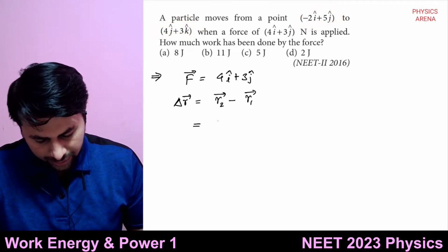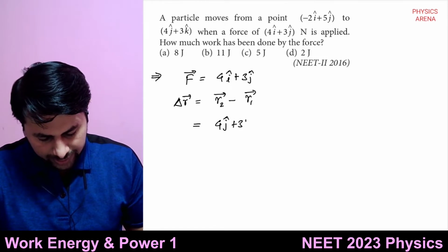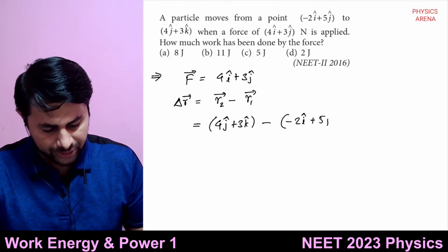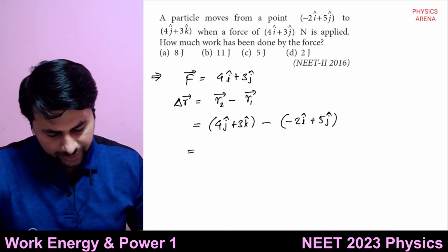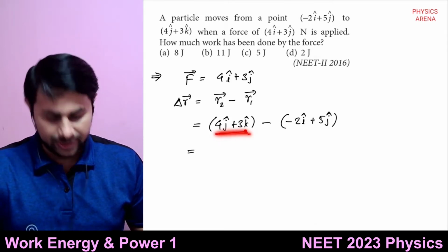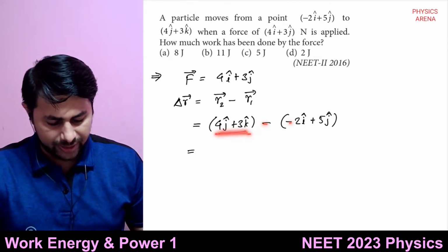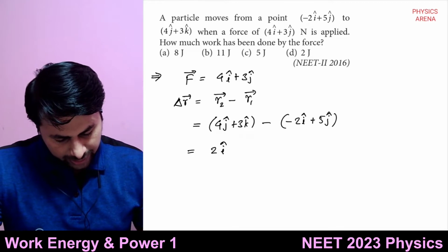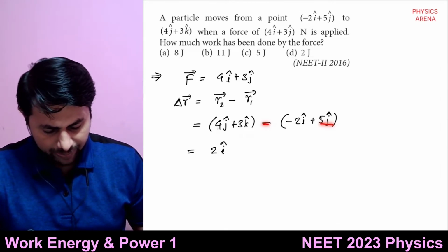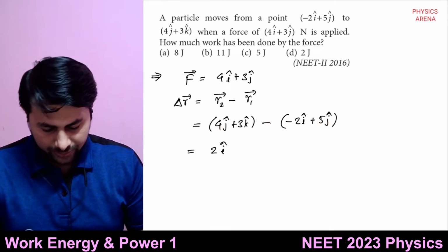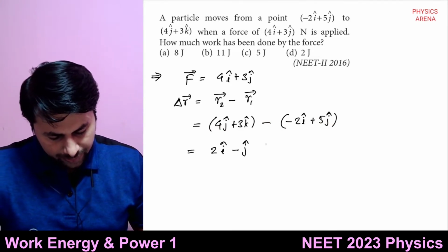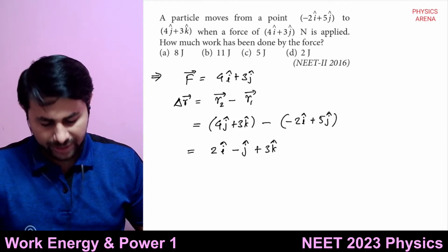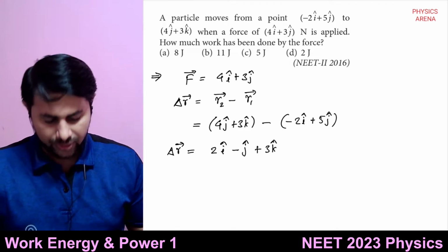So this is 4j plus 3k minus 2i plus 5j. So what will be the result? There is no x component in this. This minus minus becomes plus, so you have 2 i cap, then plus how many j cap? Minus 5 j cap, and here you have 4 j cap. So 4 minus 5, so minus j cap, and plus 3k cap. This is your displacement vector.